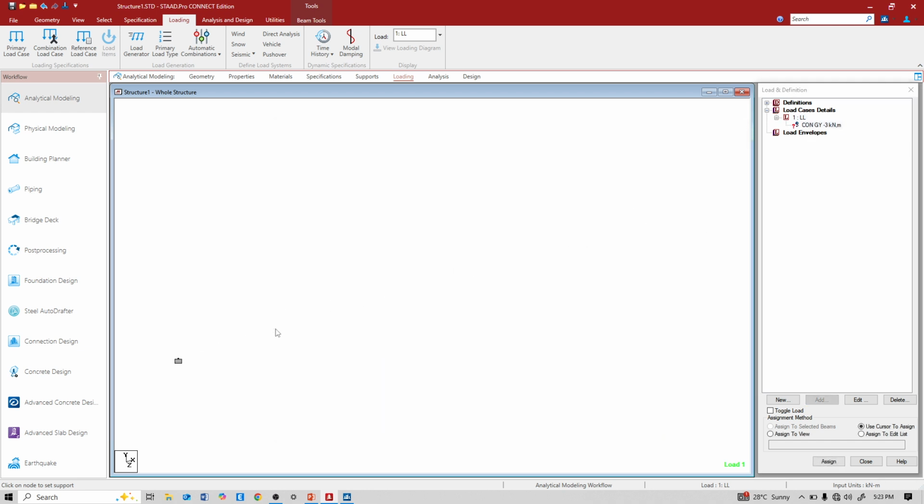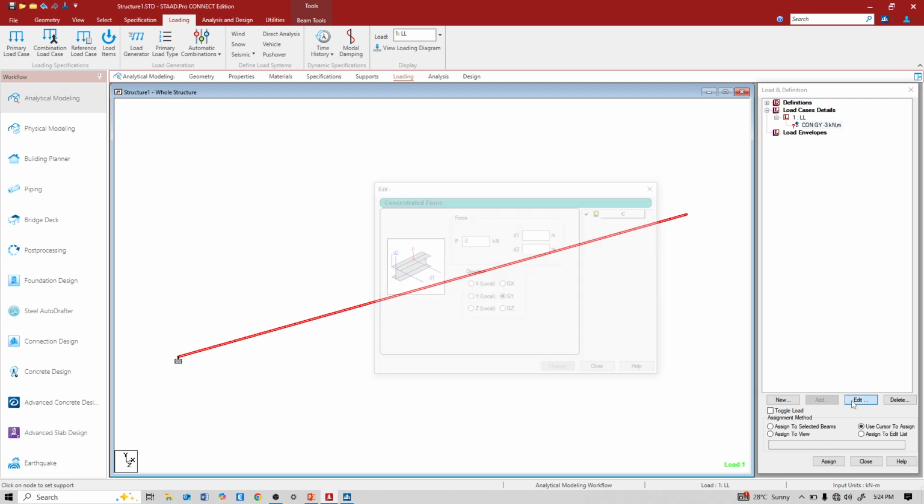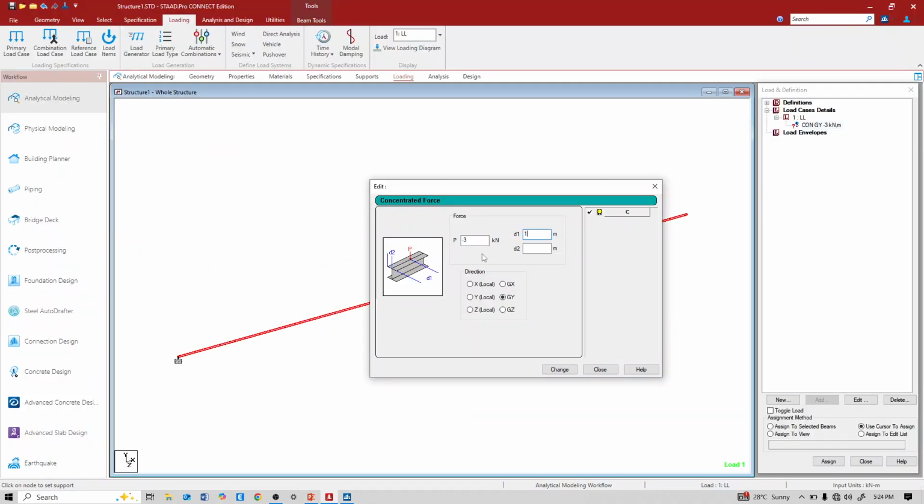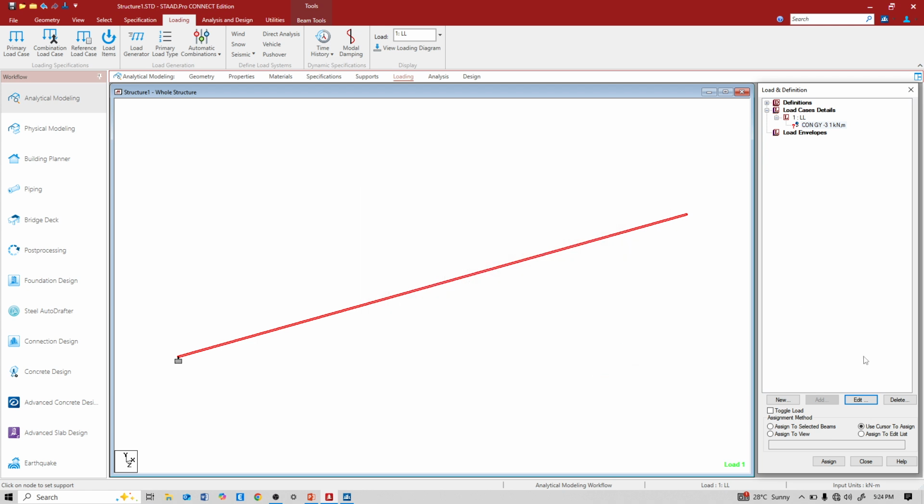Minus 3, select this beam. Minus 3 is at 1 meter, so d1 is 1. See this diagram. Change, close, assign to view, assign, yes.